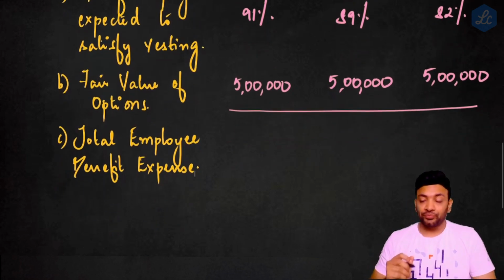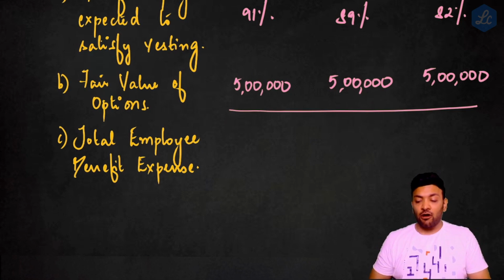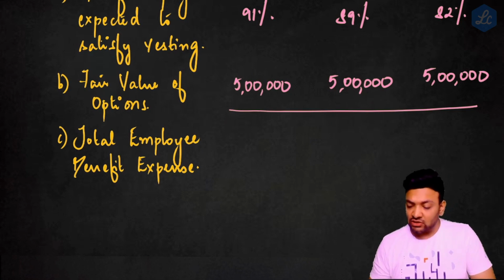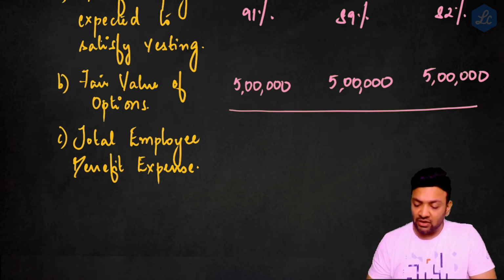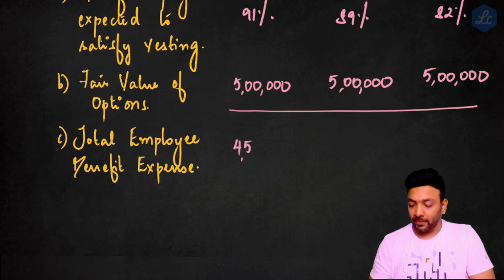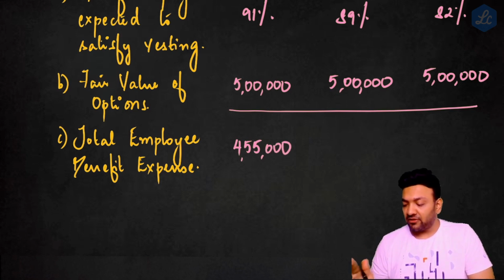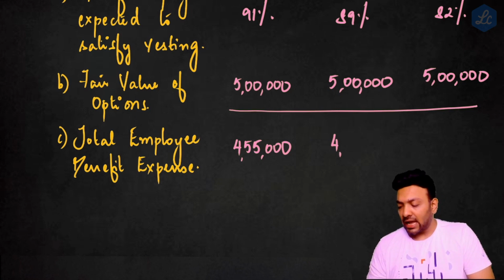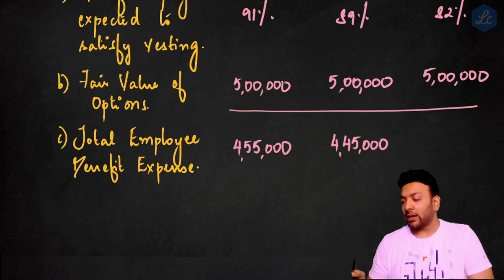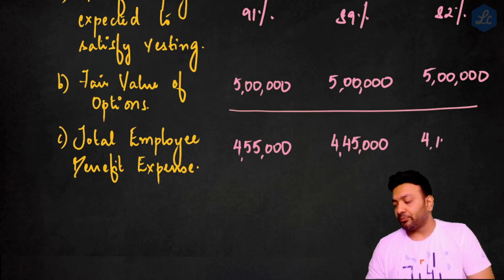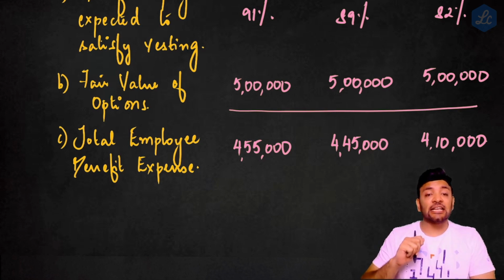Look at it carefully. 91% of 5 lakhs is 4,55,000. Then 4,45,000. Last one, 4,10,000. This is the expenditure that is expected to be provided by the enterprise.